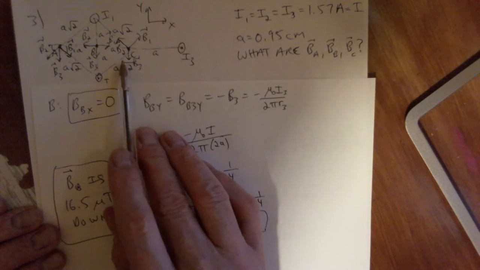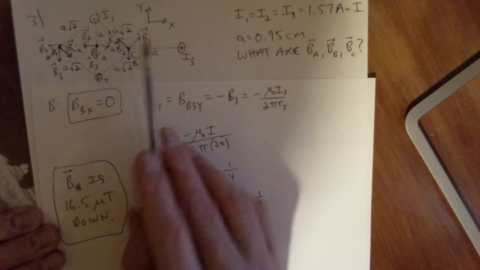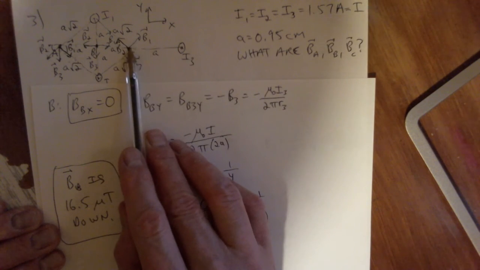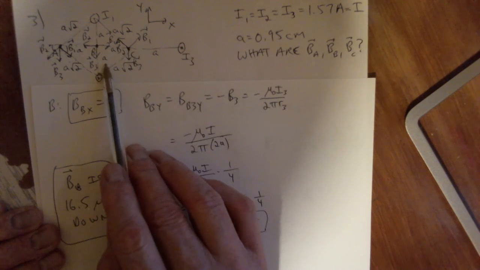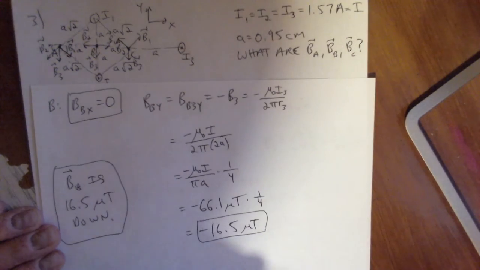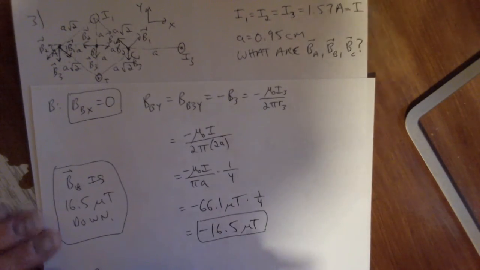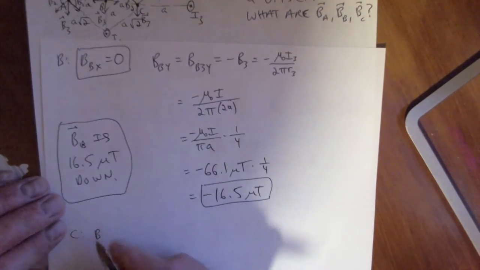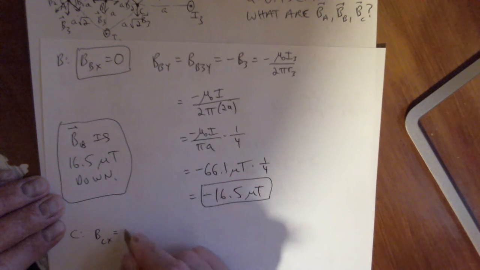If I look at B1 and B2, again, the x components are going to cancel. They're equal magnitude pointing in opposite directions in x. So again, now it's B at C we're up to. So B at C, x component is 0.